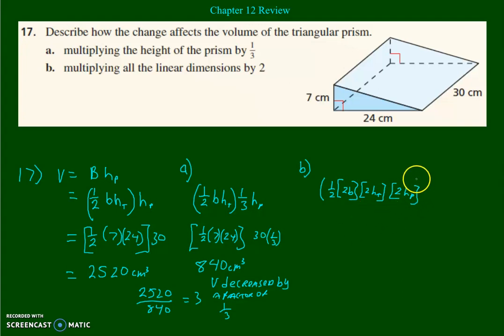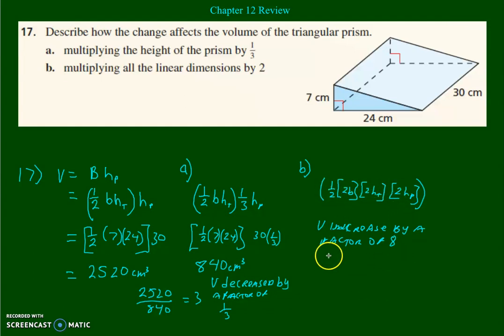Now you can see in this instance that the difference between the first form here and this new form is, this one is 2 times 2 times 2, 8 times greater. So we can surmise then that the volume is going to increase by a factor of 8.